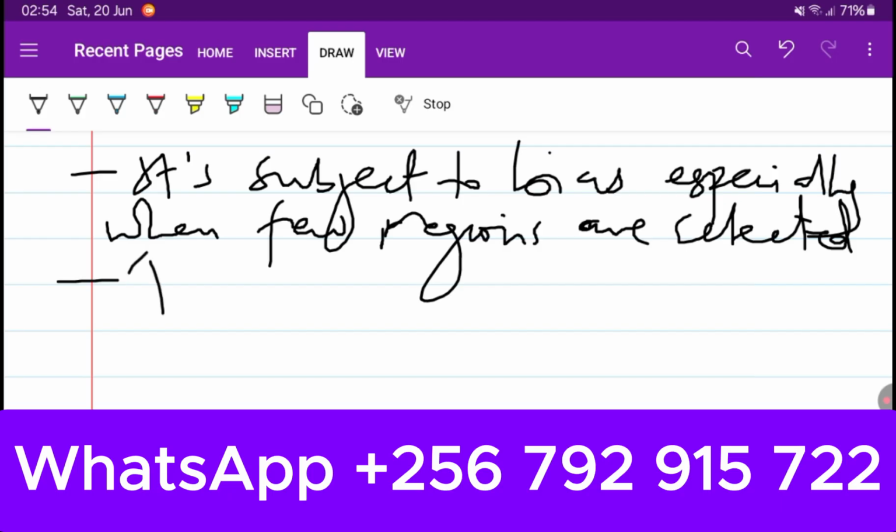Then the other one, it's also time consuming, especially if you are organizing the people into different strata or different regions.